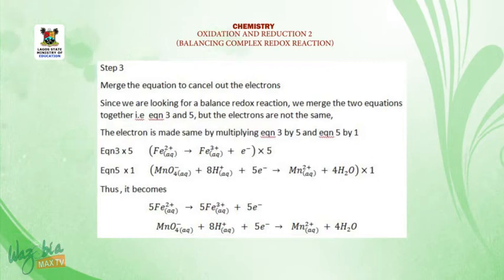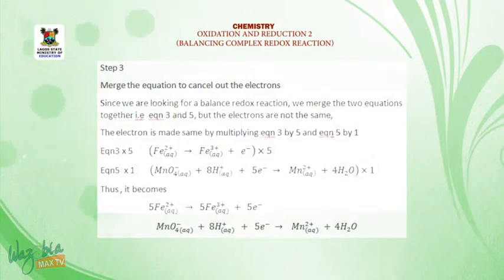Thus, the two equations become 5Fe2+ to 5Fe3+ + 5 electrons, and MnO4- + 8 hydrogen ions + 5 electrons to give Mn2+ + 4 moles of water.